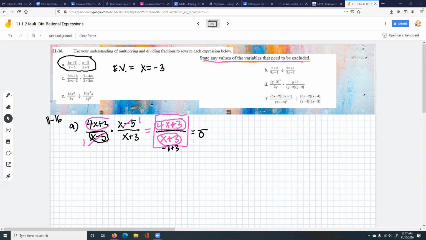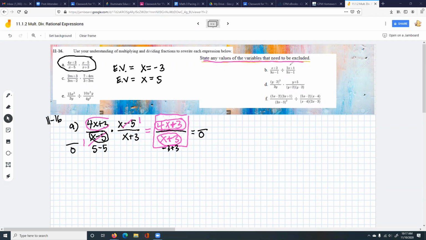Even though we canceled out the x minus 5, if we put a 5 in this problem, that's very problematic, right? If I put 5 minus 5, that's going to give me a 0 in the denominator. So the other excluded value is 5. X equals 5. So those are the 2 numbers that x cannot equal, because we're excluding those values. X can be all real numbers except -3 and 5.